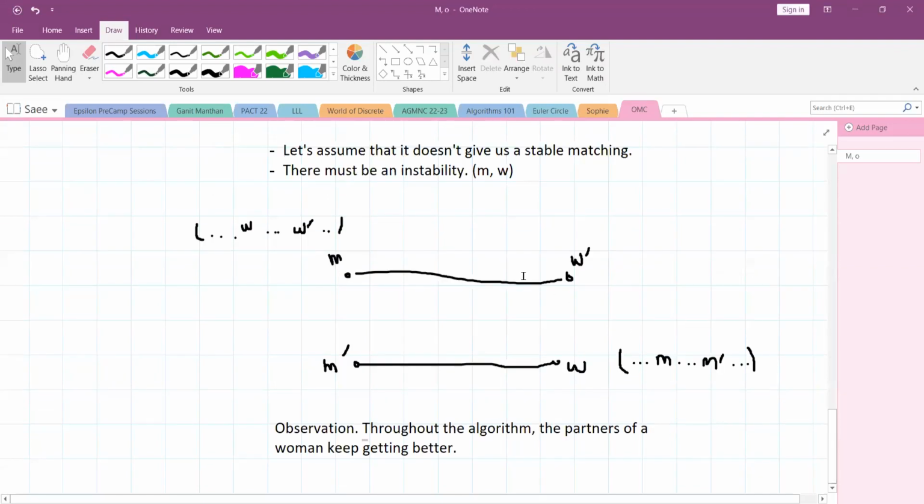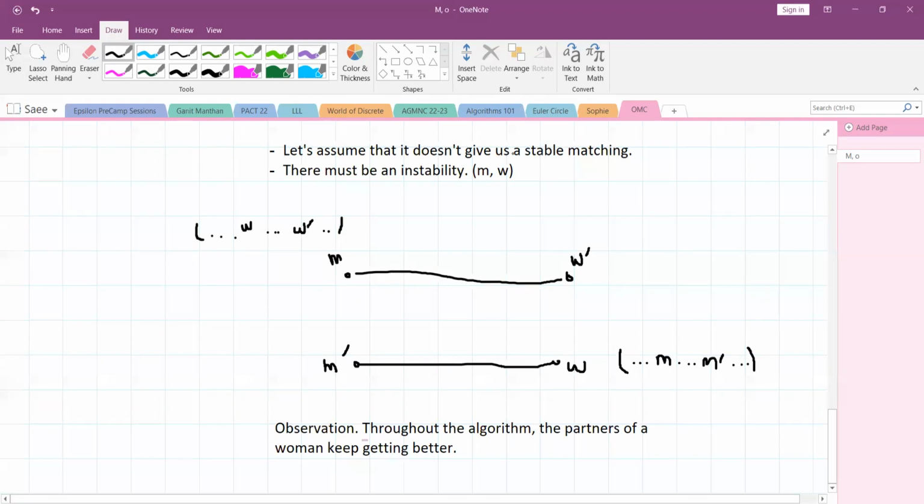Now, okay, let's look at these preferences. We know that M likes W more than W prime. What does this tell us? This tells us that M must have proposed to W before he proposed to W prime, right? Simply because of how our algorithm works.